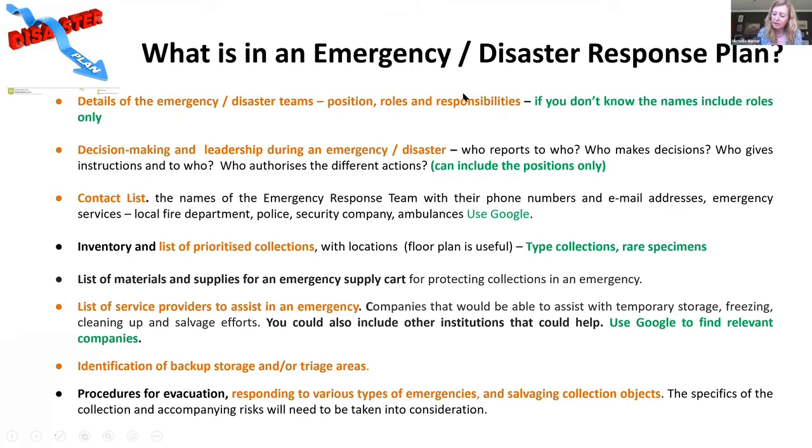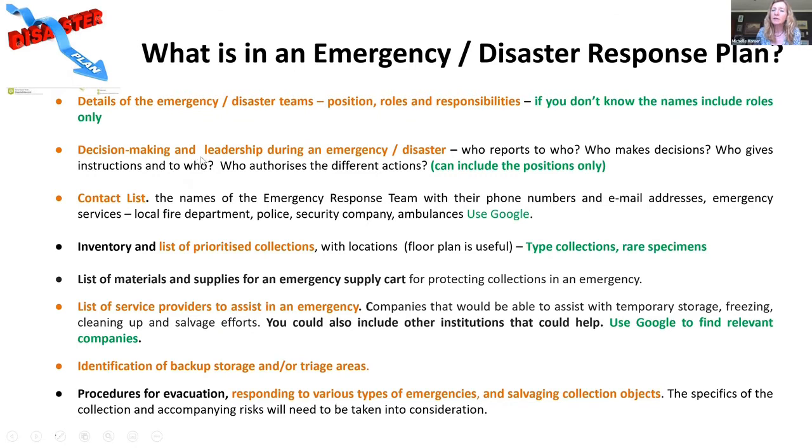In the manual and in various other resources, it gives you a breakdown of what you include, what kinds of roles and what their responsibilities are. Those should be assigned, whether it's in your collection or at an institutional level. Now, some of you might say, I don't know all of these people and what they would do, I don't deal with things at that level. If you don't know the names of people, then you can just put the positions.